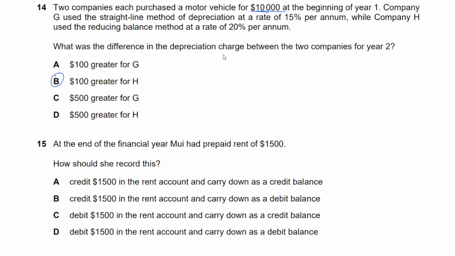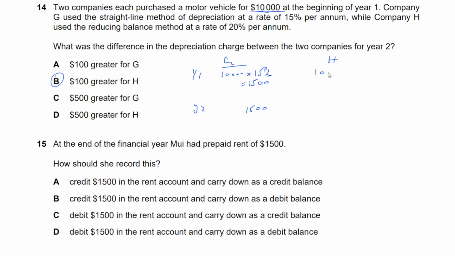Well, what happens here is two companies, G and H, both are depreciating the machines, and for the second year we need to calculate the difference in their depreciation. For the first year, it is 10,000 times 15%, which is 1,500. For year two, for G, it's the same thing because it's straight line, 1,500.